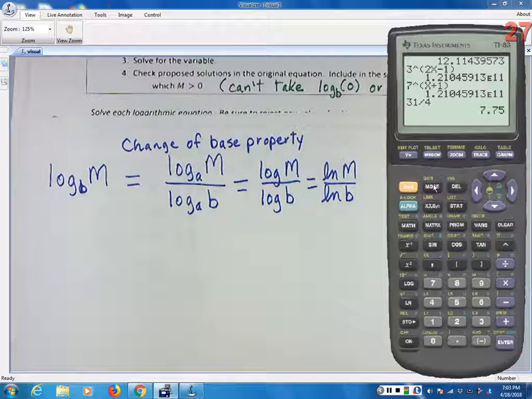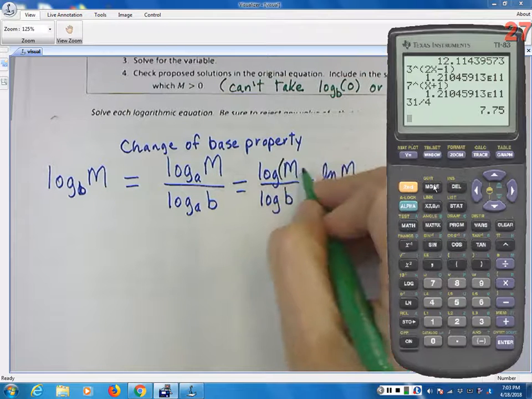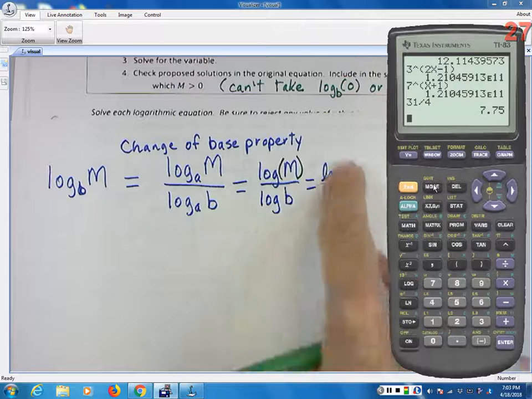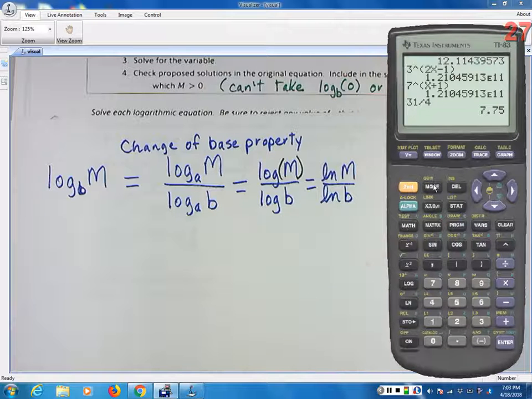I won't be able to tell whether you typed this actually in your calculator, but this is showing your work. You're going to have this written down, and then you give me the answer. Okay? Any questions on the change of base property?